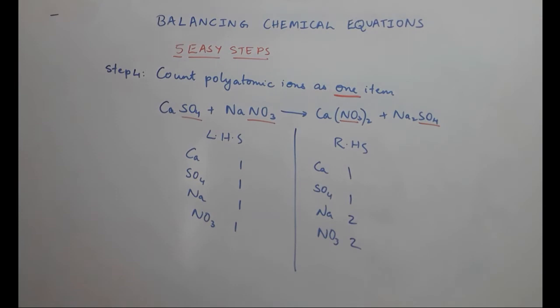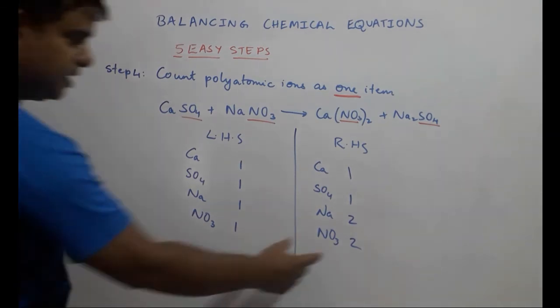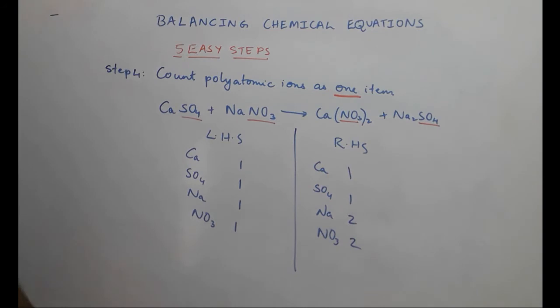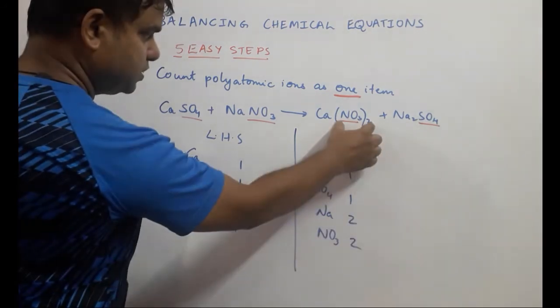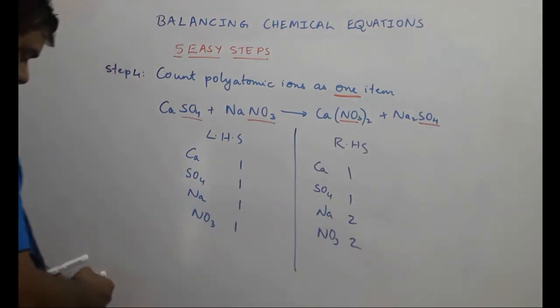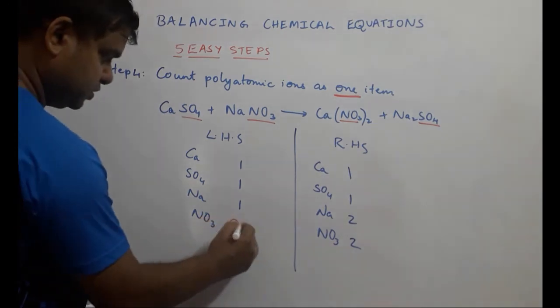So we'll begin with the atoms or molecules that have maximum number of atoms. So we'll begin with NO3 first, and NO3 has got 2 on the right hand side but only 1, so we make this as 2.